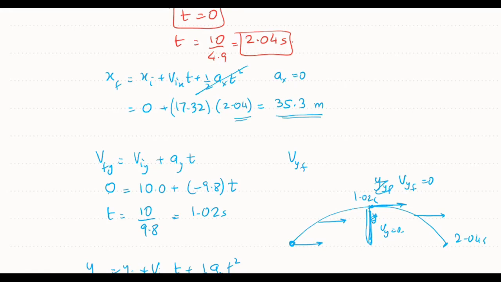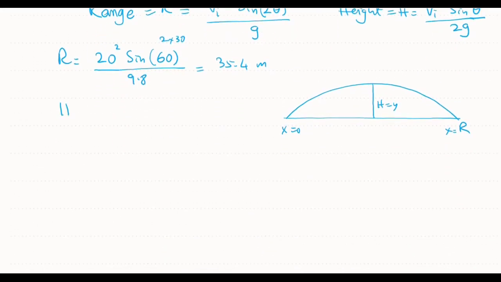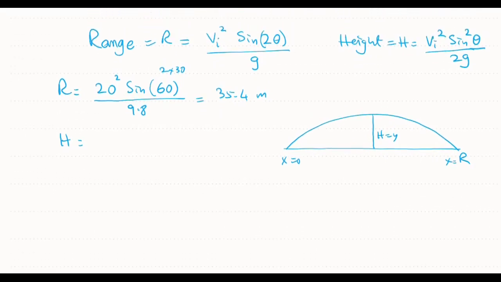We did some rounding over here. And the height equation is v i square, so that's 20 square, sine square of 30, which is 0.5, so 0.5 square, divided by 2 times 9.8, and that gives us 5.10. So we get the same answers by these equations.